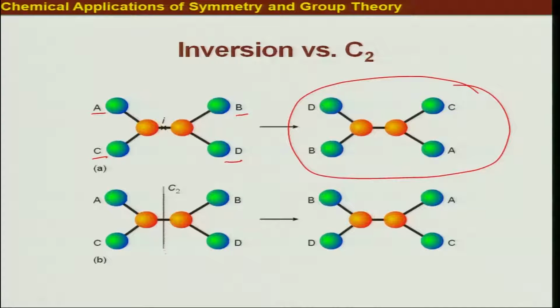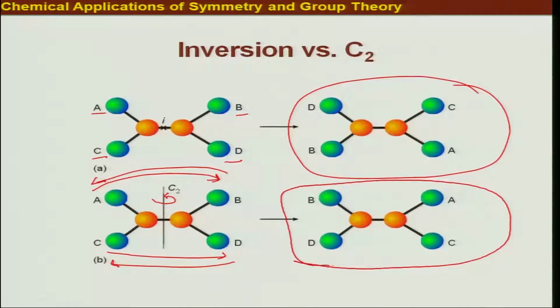So this C2 is not perpendicular to the plane of the molecule, but it is in the plane of the molecule. So what will happen? This C2 will make a rotation of 180 degrees. So A will now go to this place, C will go to this place, and the others will come here and here. So I should have a structure like this, correct?